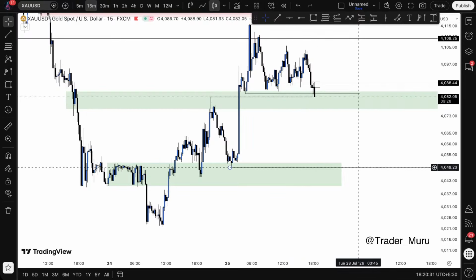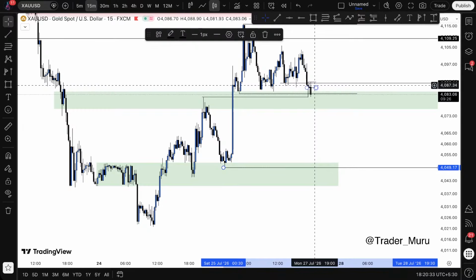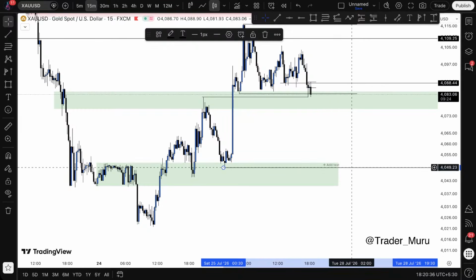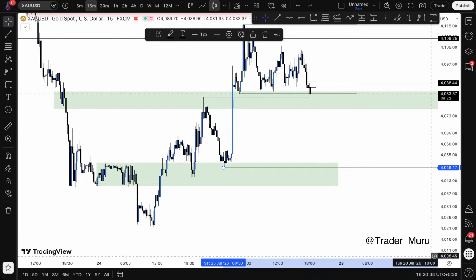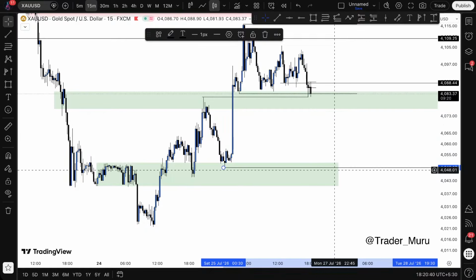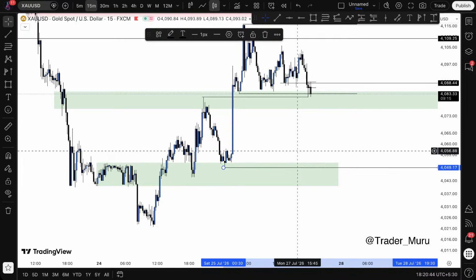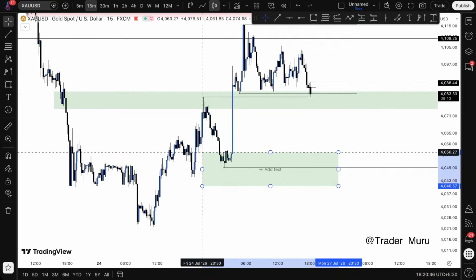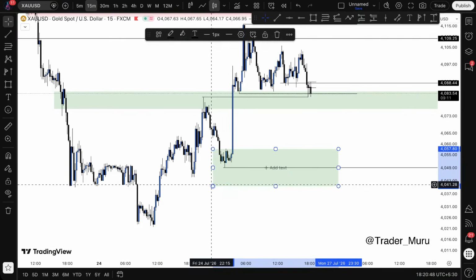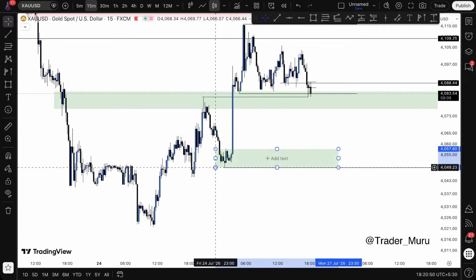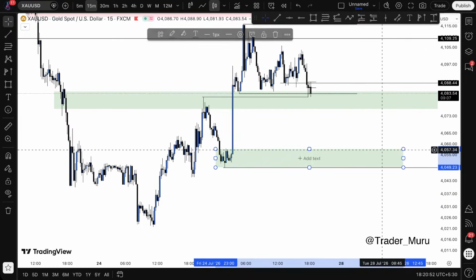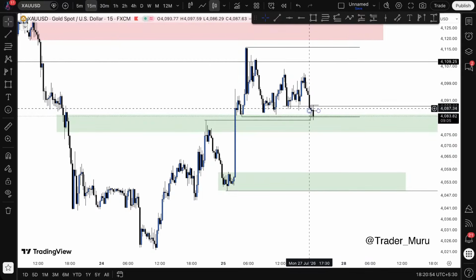Now on breaking below this low in the 1 hour time frame, our bias will be invalidated and our bias will be bearish. Until this low breaks, our bias is bullish, and these are our two key levels. Right now this is a key level for a buy opportunity according to our bias.